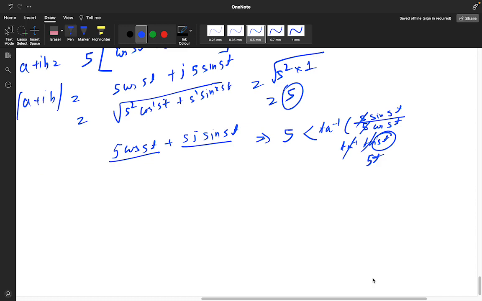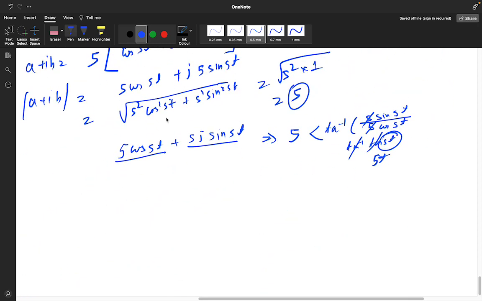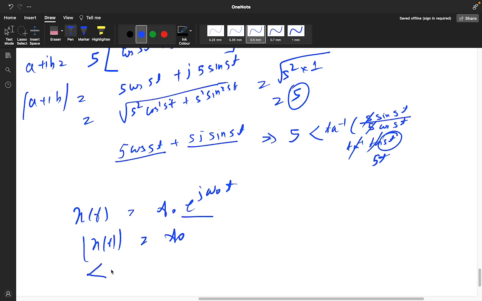So that means if your x of t is a naught e power j omega naught t, the mod value of x of t will be a naught only, and the angle of x of t will be the multiple of j, that is omega naught t.